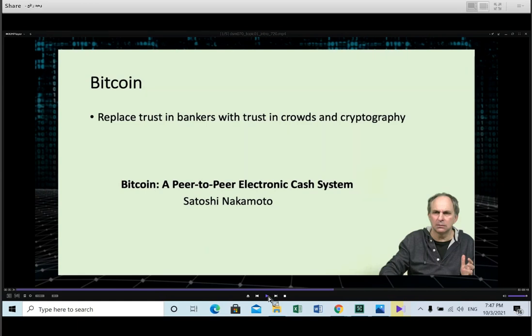And he suggests using a cryptocurrency called Bitcoin, which doesn't need to trust anybody. In fact, as you can see, Bitcoin trusts the crowds and trusts the cryptography, okay?